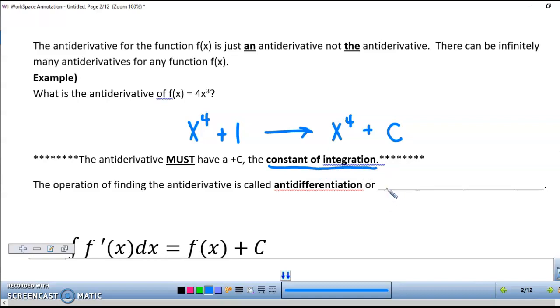So finding the antiderivative is really finding the indefinite integral. Okay, so if I took the integral of f prime of x, I would get back f of x plus some constant of integration c.